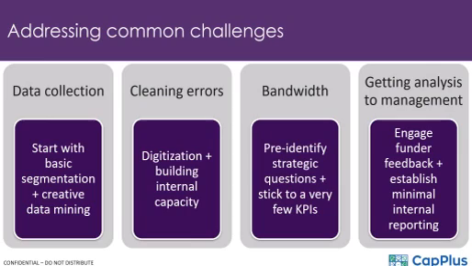So there's a lot that can be done with a very few metrics, and I think starting there is a way to get over the hump of trying to dig through a mountain of data.